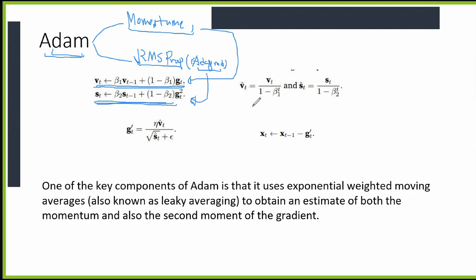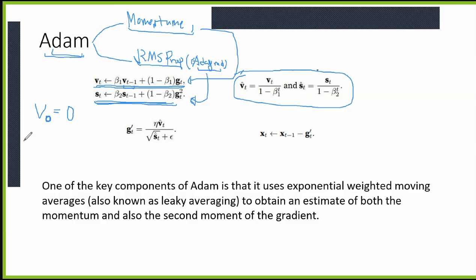And there's another trick which Adam introduced, which is the bias correction. The reason for this, which applies to both respectively, is that in the beginning, V starts as 0.